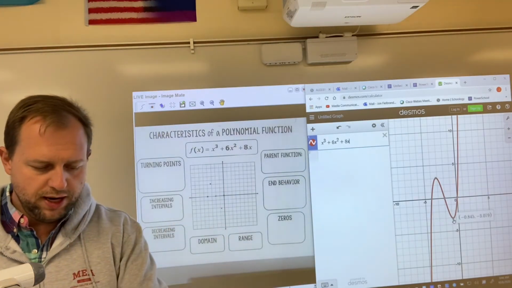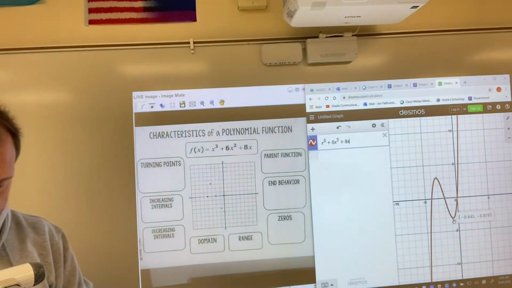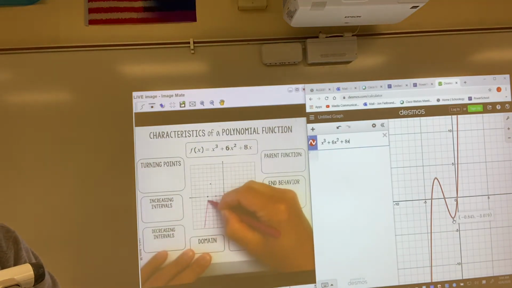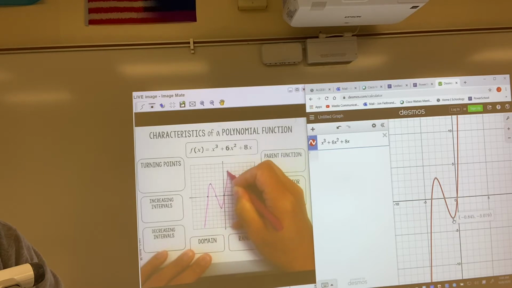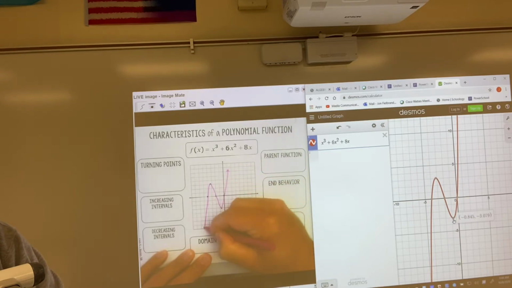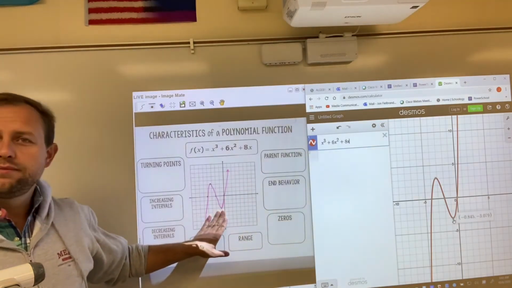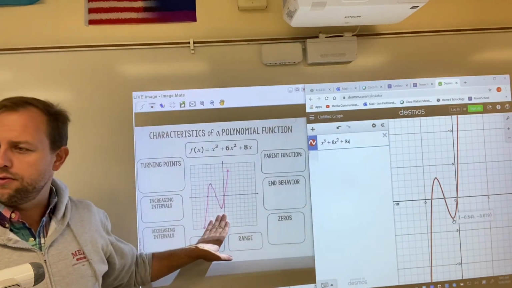So when we put in this graph, okay, not perfect, but close. I should have made that a little more of a curve. Okay, got our graph now from the points.